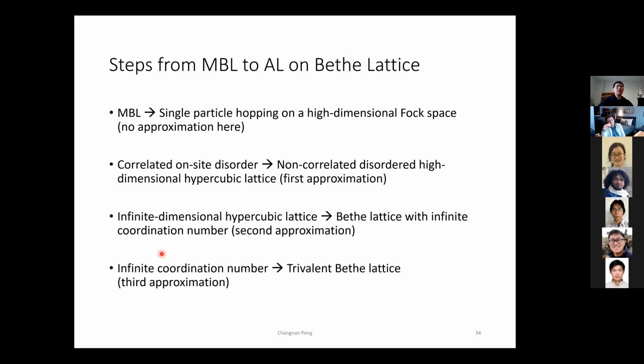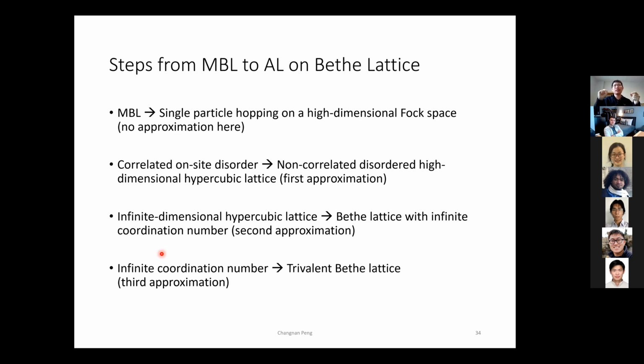First, we observe that many-body localization is actually a single-particle localization on this huge-dimensional Fock space, and there's no approximation there. So we can label each state of the many-body system as a site on the Fock space, and the transitions between the states are just the particle hopping on this Fock space.